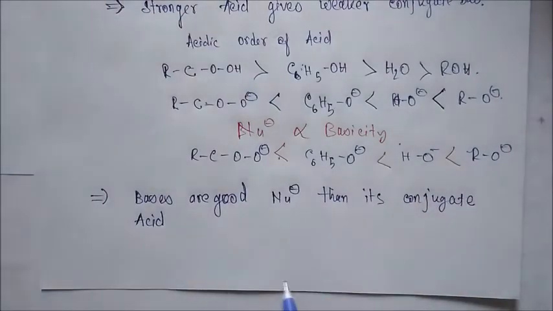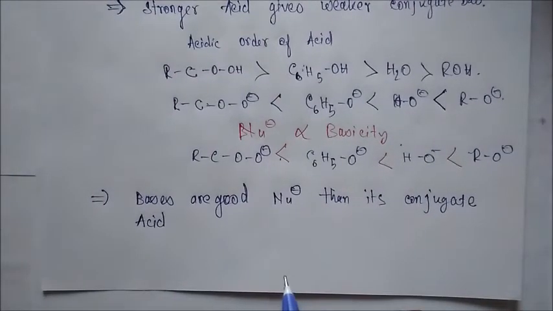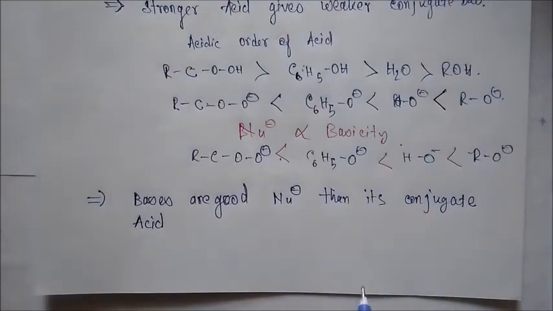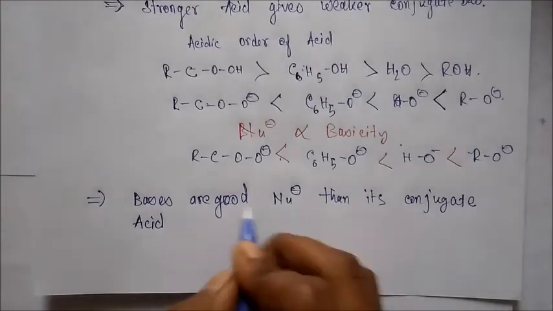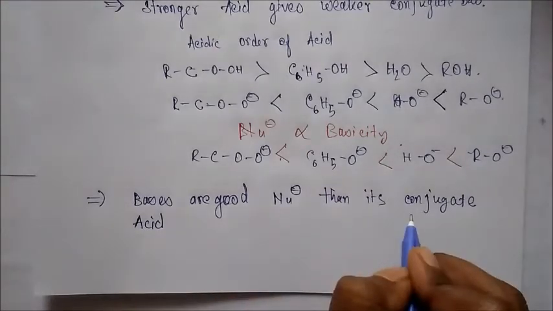Whatever we have seen earlier, we have said that cations of the parental molecule are the least basic, and the anions of the parental molecule are the higher basic. So bases are good nucleophiles than their conjugate acid.